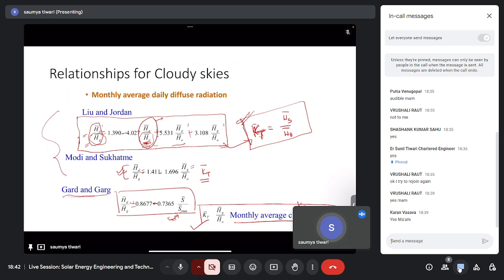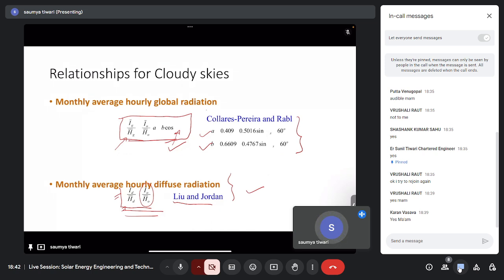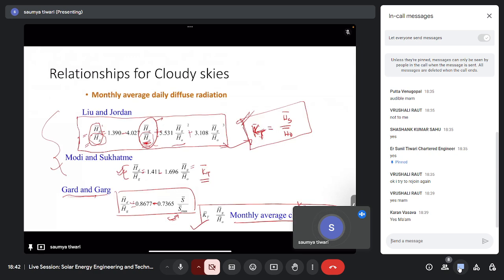Gard and Gorga have directly given it in terms of sunshine hours. These equations will mostly be given in the question. If not, you need to remember them. I think Modi and Sukhatme is extensively used for Indian climatic conditions.